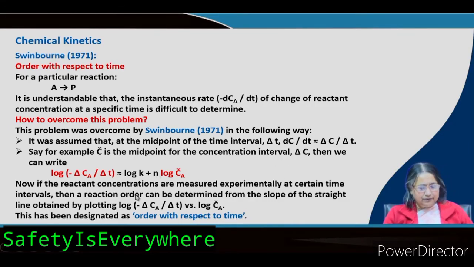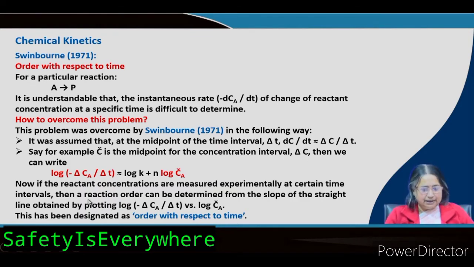Now, how will the experiment be? You do some reaction and the reactant concentrations are measured experimentally at different time intervals. I will show some example, then it will be more clear.